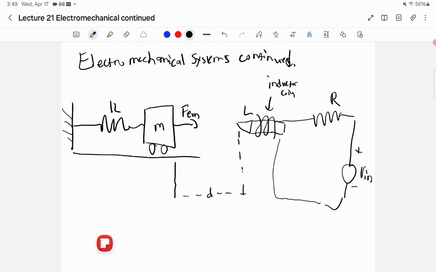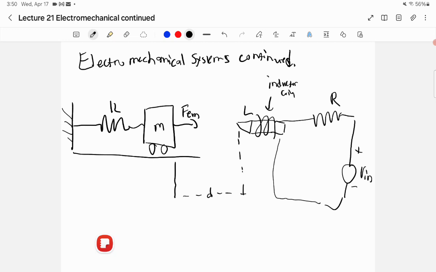Today we'll be discussing electromagnetism continued, electromechanical systems continued, and we'll practice a couple of things from previously. Suppose we have the following type of system where we have a nice little mass that's connected to a spring.